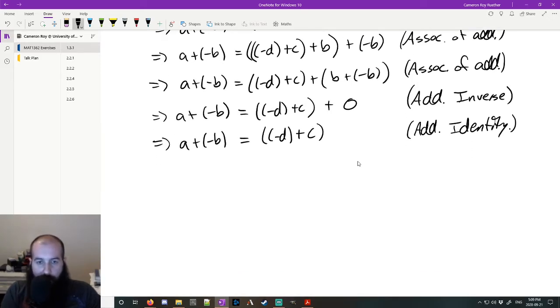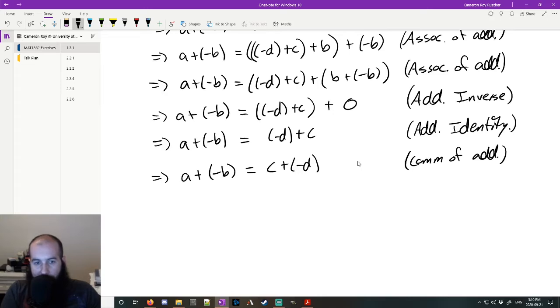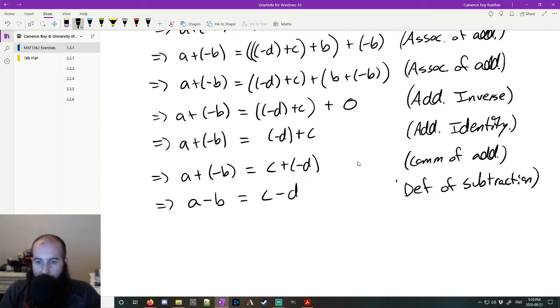These brackets can be removed now because there's nothing else around. We just need to commute this negative d and this c. And now that we're adding additive inverses, this is by definition subtraction. And so we've gone the other way now, which completes the proof.